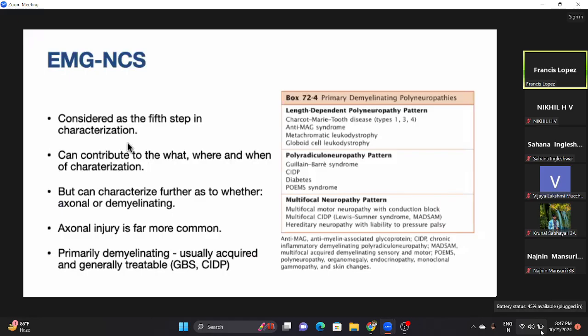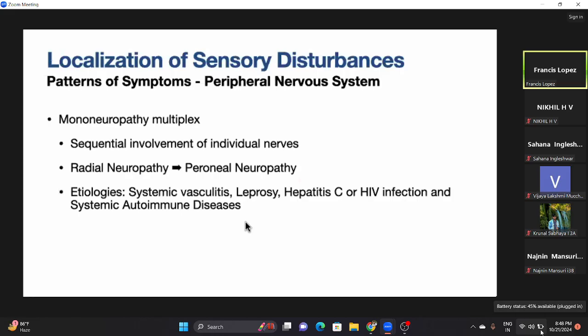So this is considered as the fifth step of characterization and can contribute to the what, where, and when of characterization. It can also further classify whether this is an axonal polyneuropathy or a demyelinating polyneuropathy. Okay? So that test can help in diagnosing polyneuropathies.